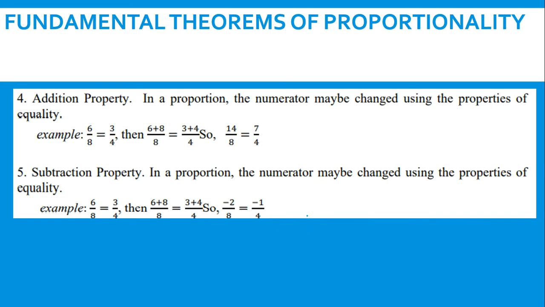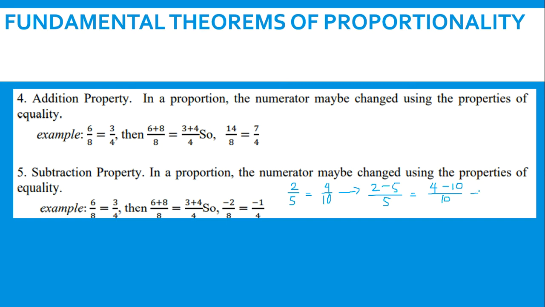Okay, so let's go back to 2 over 5, or 2 is to 5, equals 4 over 10, or 4 is to 10. By using the subtraction property, that is 2 minus the denominator, which is 5, over 5, equals 4 minus the denominator, which is 10, over 10.